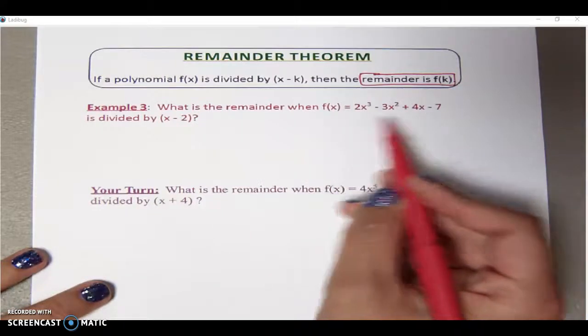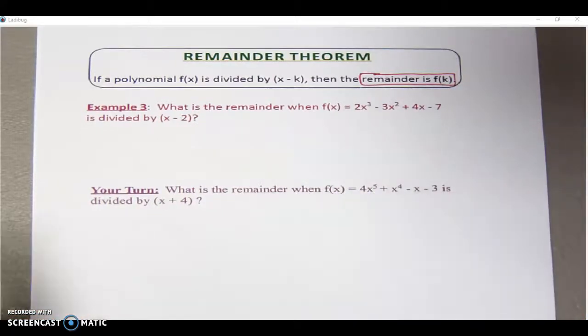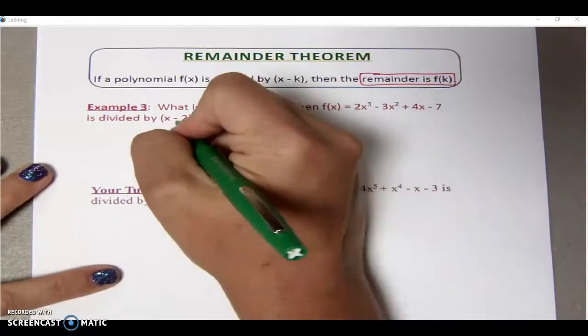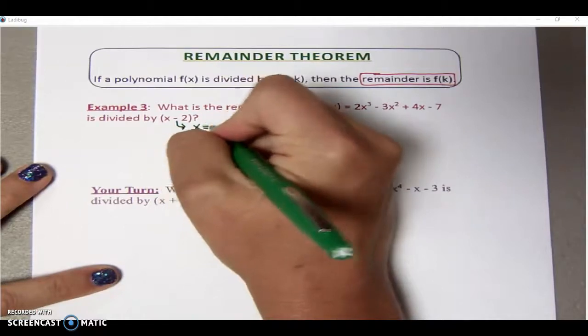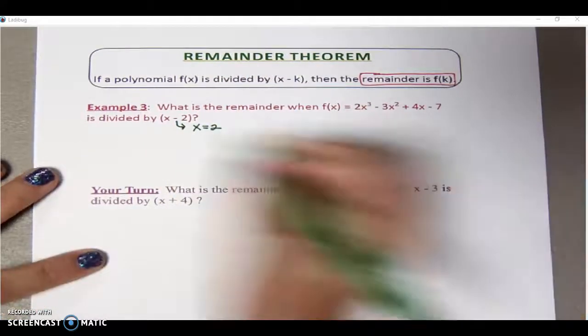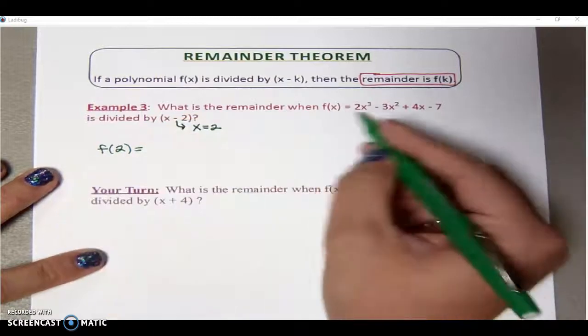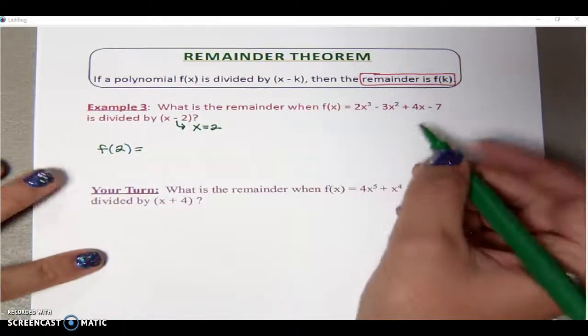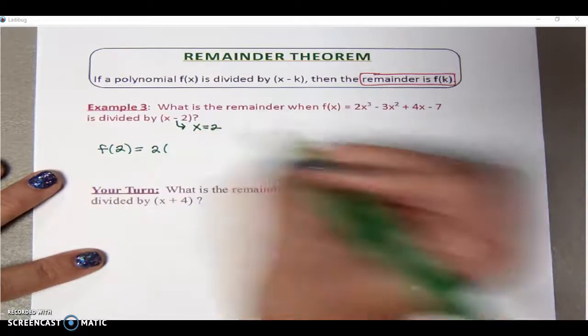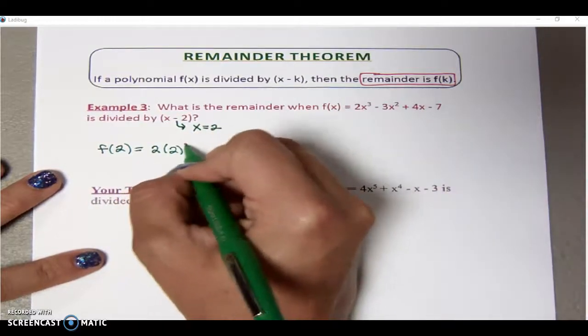So if they give you f of x here and they ask you for the remainder, you could do long division, you could do synthetic division, but a shortcut, or a way that you could find this without having to actually divide, is whatever this is. So if this binomial says x minus 2, you want to solve it for x, so we're going to use x equals 2. It's saying if you find f of 2, so if you plug in 2 everywhere there's an x, that will tell you the remainder. So let's go ahead and do that, and then we'll check and make sure that's true.